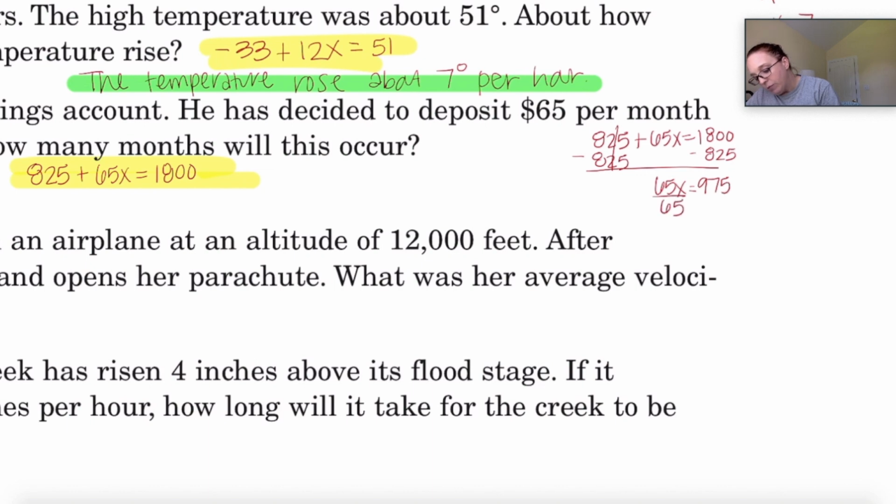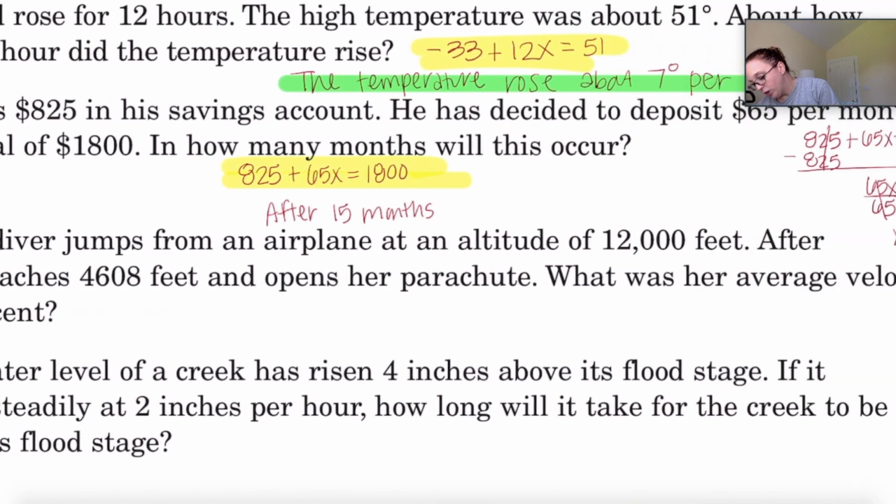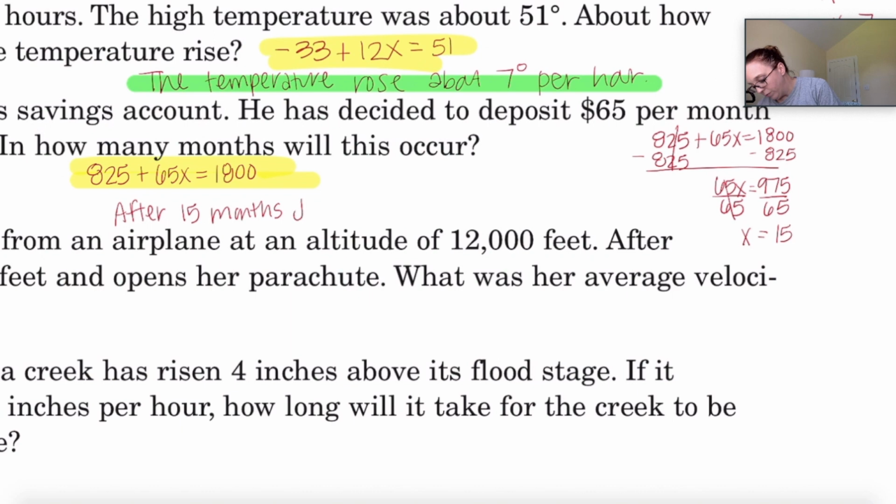Then you want to divide both sides by 65, and we get 15. So the question is, how many months will this occur? So our sentence would be, after 15 months, John will reach his goal.